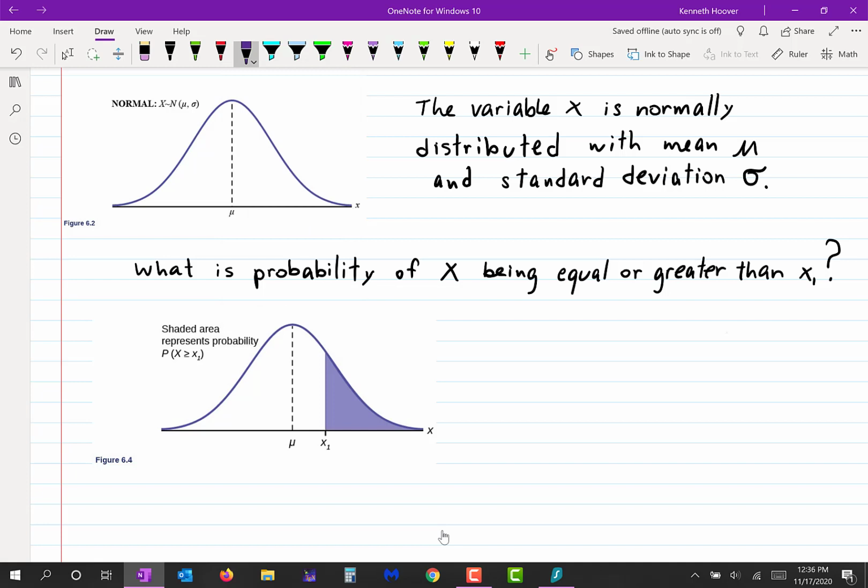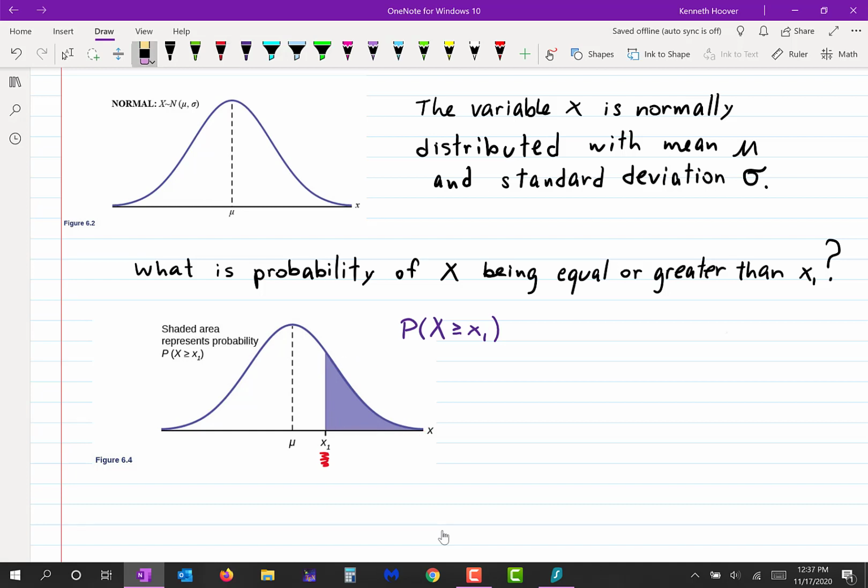If you want to calculate the probability that x is equal to or greater than some number, then you find that number on the x-axis and you would find this area right there.